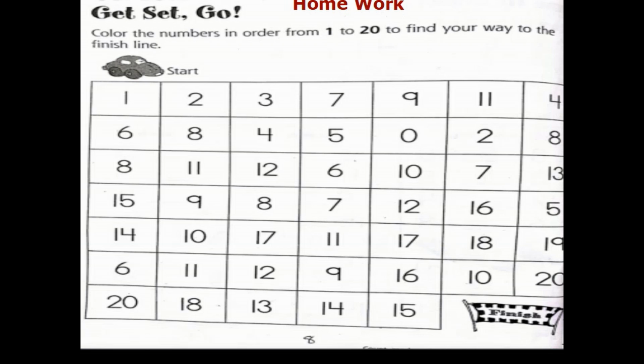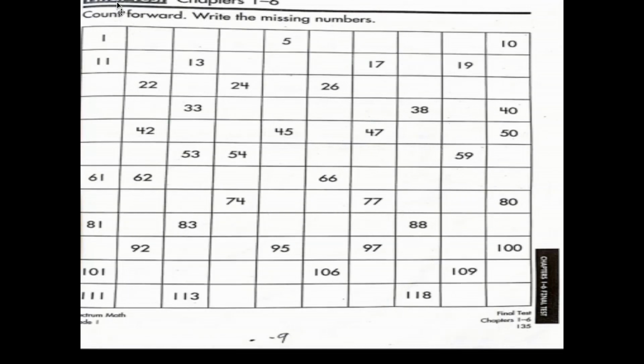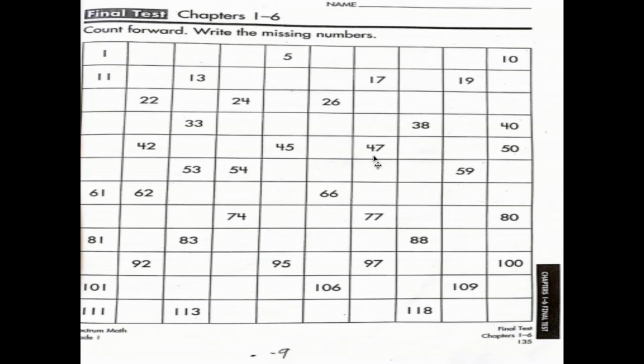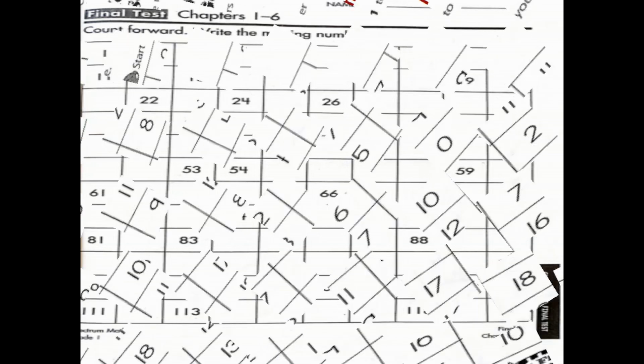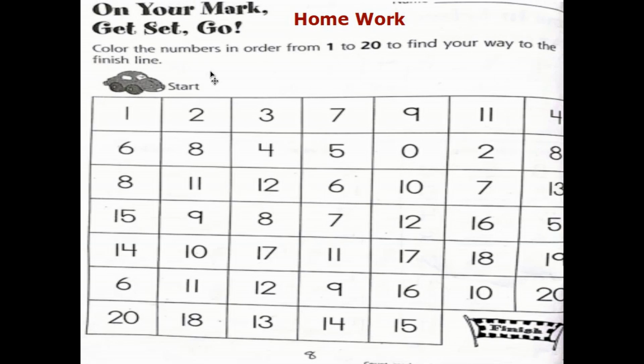On page 9, you complete the missing numbers by counting forward. On page 8, you color the numbers in order from 1 up to 20 and find your way to the finish line.